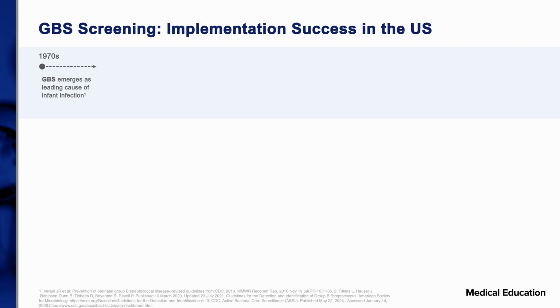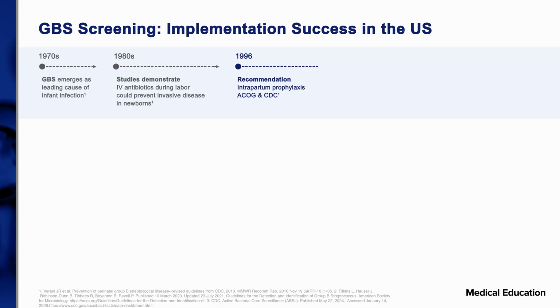In the 1980s, studies were done looking at IV antibiotics during labor that could potentially prevent invasive disease in newborns, and they worked. And so then going into the 90s, recommendations came out from the CDC and ACOG, trying to move forward intrapartum prophylaxis.